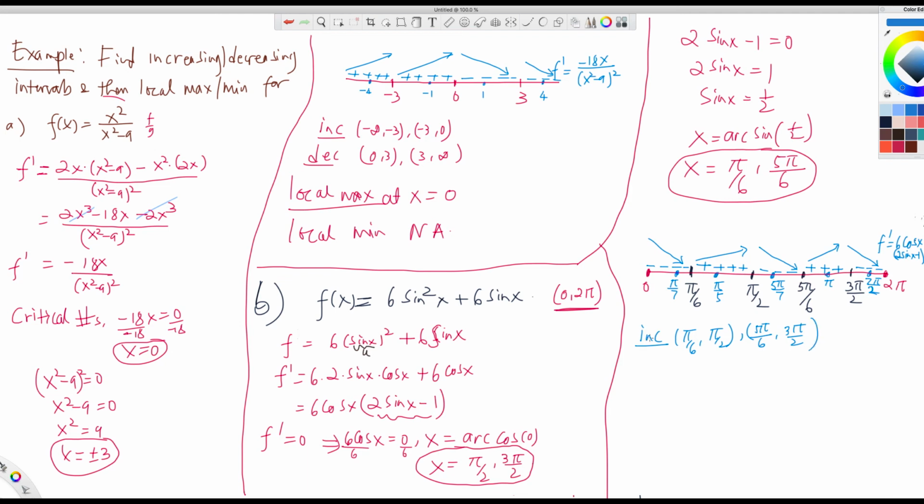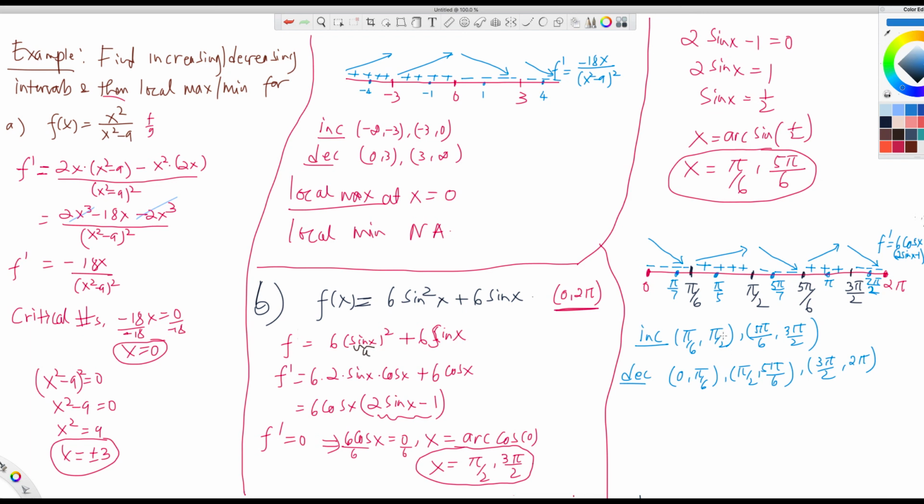Those are the two increasing intervals. And the decreasing intervals are 0 to pi over 6, and then pi over 2 to 5 pi over 6, and then 3 pi over 2 to 2 pi, right? That's what you get.